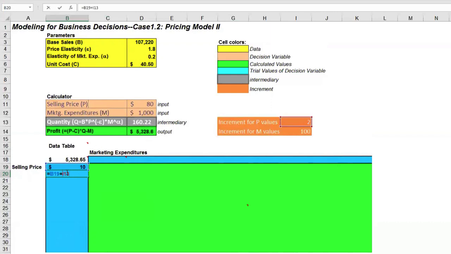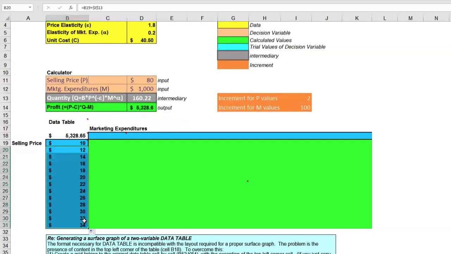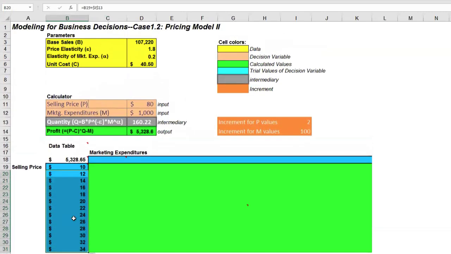But because we do not want the increment to change, we add a $ sign in front of the I13 and press return. Now we have the initial value 10 plus the increment for P, $2, in this cell. And now we can just fill in these cells for the prices.